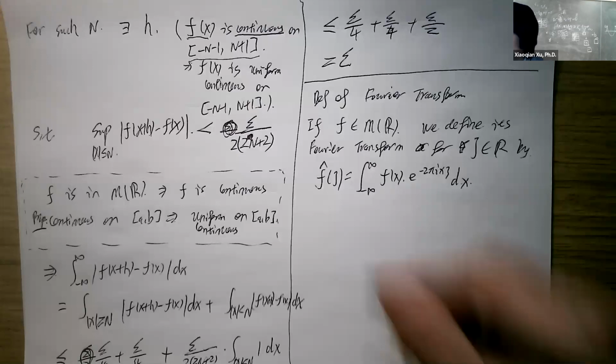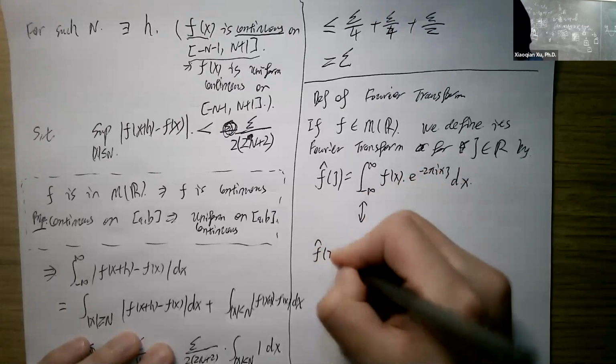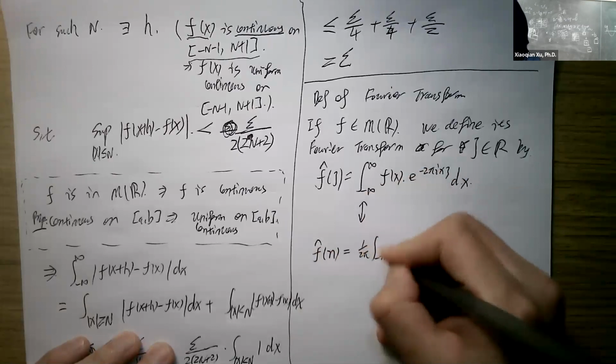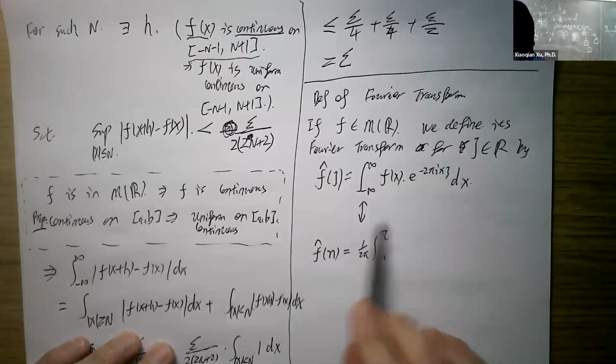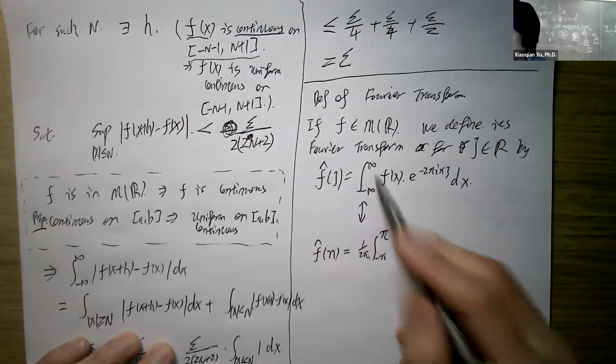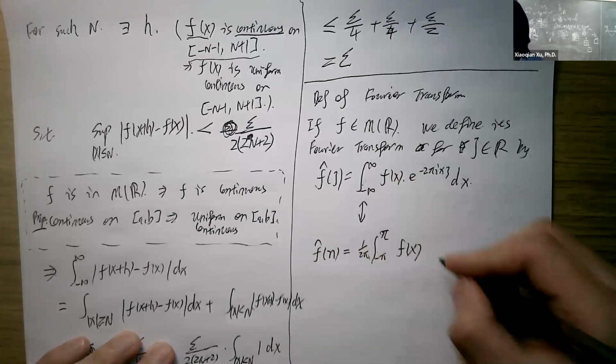This is the definition of Fourier transform, and maybe I should write the definition of Fourier coefficient here to compare with. It's 1 over 2 pi, integral from minus pi to pi. Here, the integral domain has changed, but this inner part doesn't change at all.